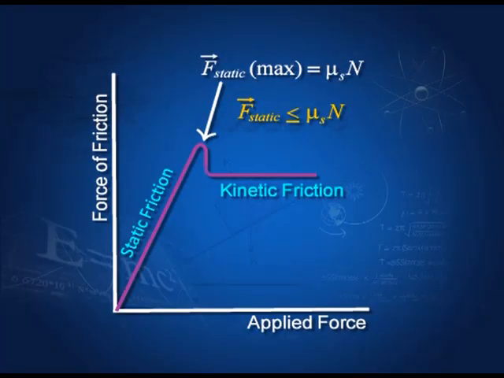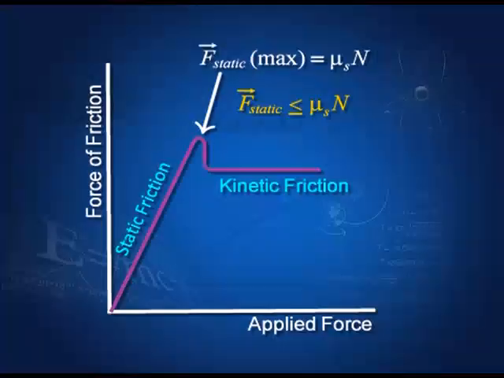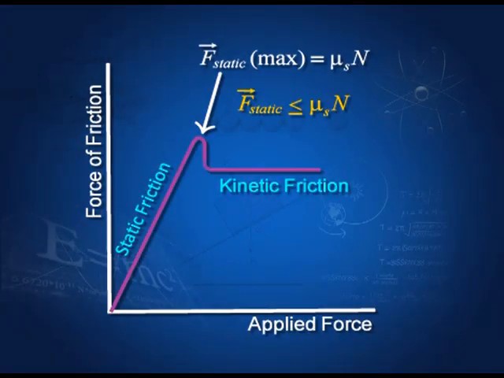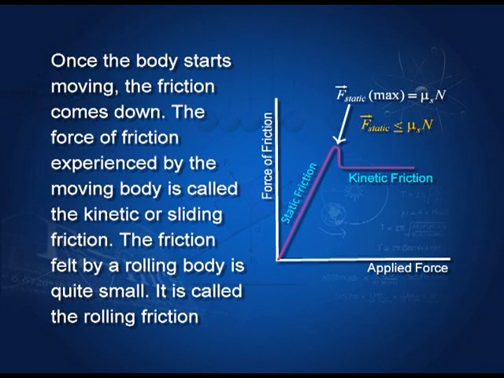You see that the force of friction was increasing all the time, and at this point, beyond this point, the force of friction was not sufficient to prevent the motion of the body, and therefore, this is called the force of static friction. The maximum force required just before the body moves is called the static friction, and it is given by the coefficient mu s times n, where n is the normal reaction of the surface on which the body moves.